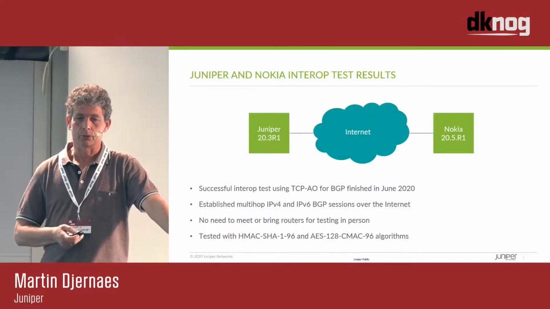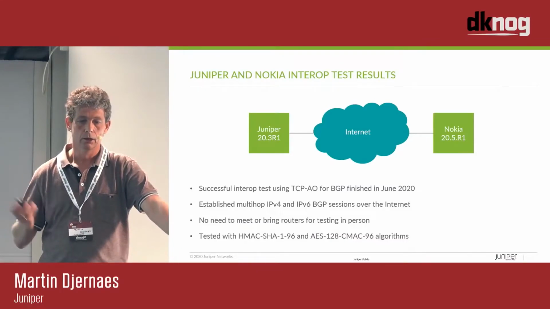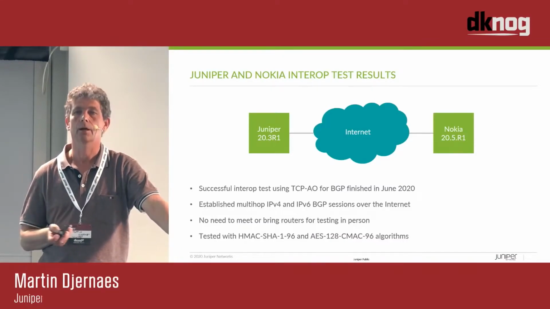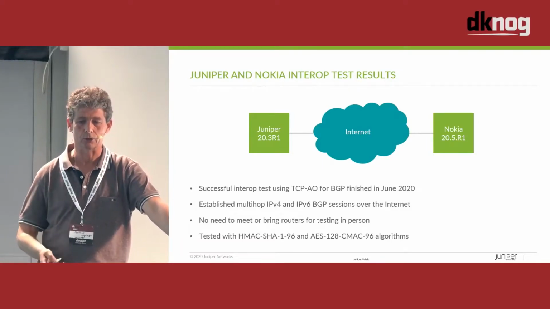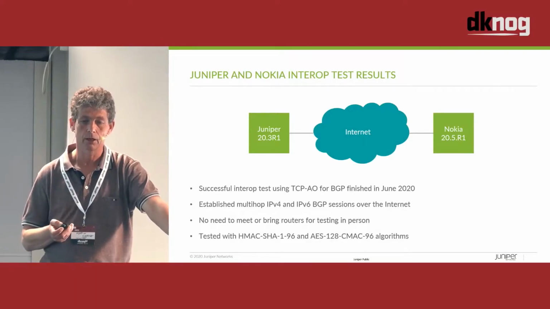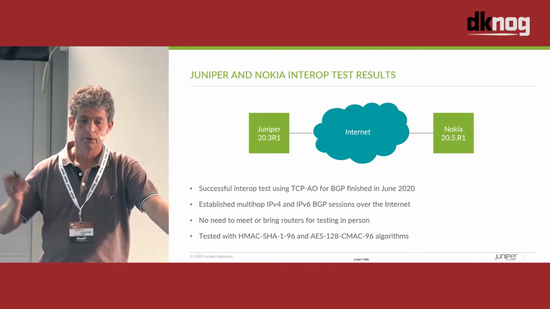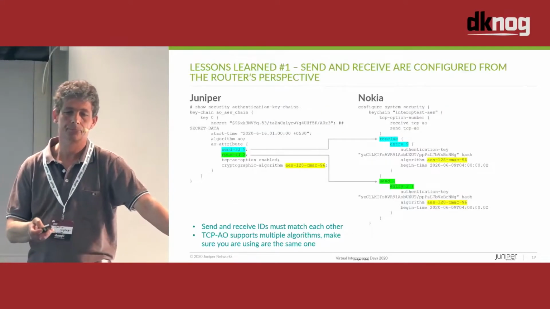I don't want to go over this slide specifically, but basically we had done interop testing together with Nokia. It was done during the pandemic over the internet, and nobody had to meet in person, with virtual machines, and all of that works really well. These are the two algorithms that have been used.